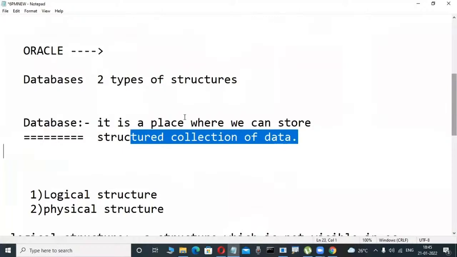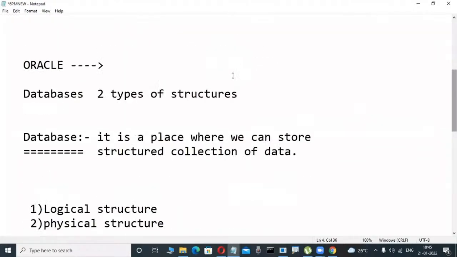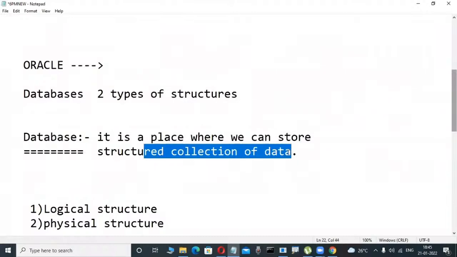Understood? Now this Oracle is a product from Oracle Corporation. In our course we are learning the 19c version only. This is a database product. If anybody asks what a database is, as a developer we say it is a place where we can store a structured collection of data. That is the logical side.